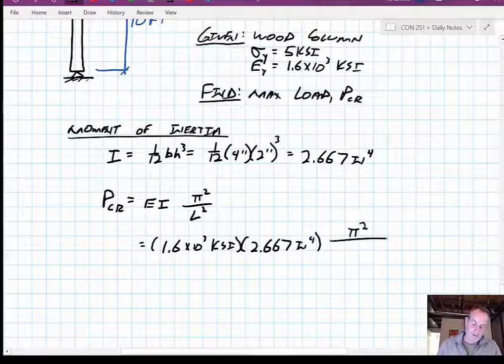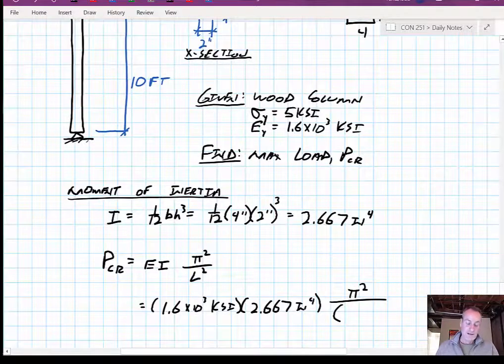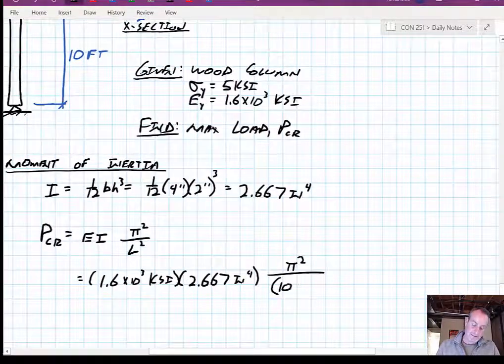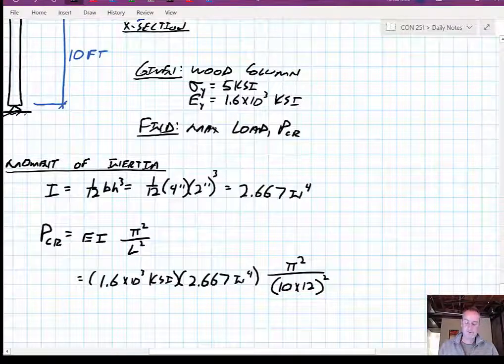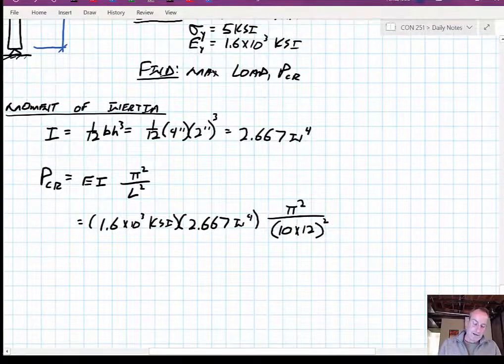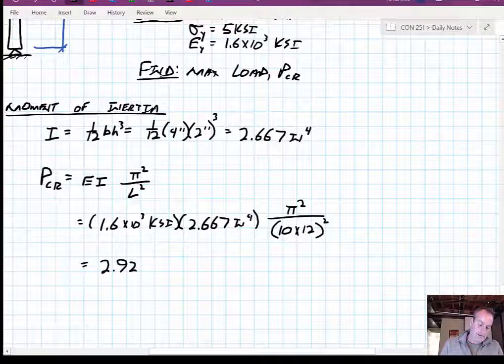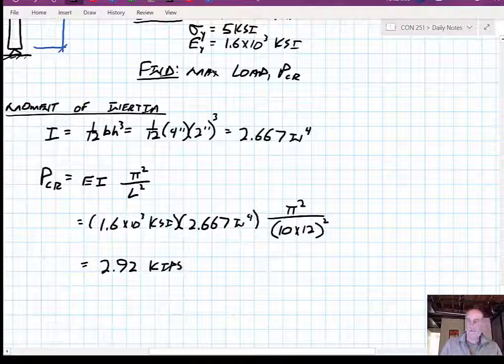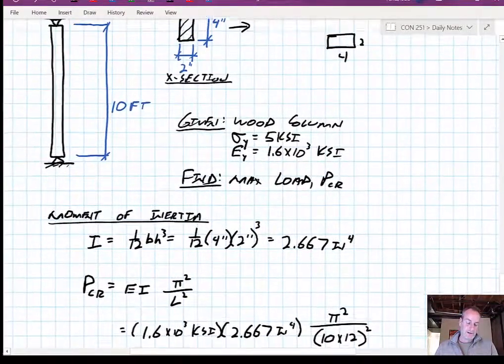The length of this one is 10 feet. Watch your units. We want that to be 10 feet times 12 inches per foot, or 120 inches. That's what we're squaring, so our units work out. Plug all that in, and I end up with 2.92 kips.